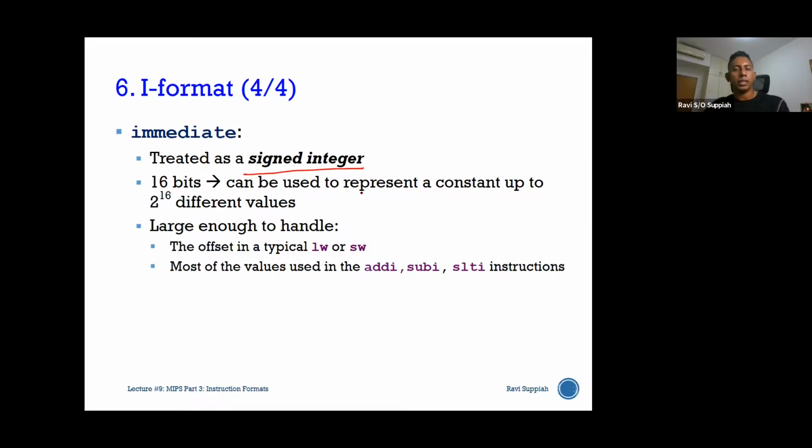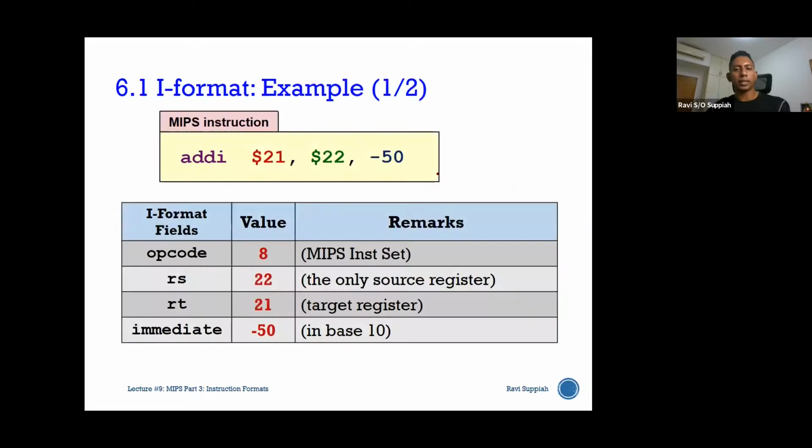That means it is a value that has both positive and negative representation, and it is using the 2's complement form of representation. That is something that we will look at in a while as well to better understand how to interpret this signed integer.